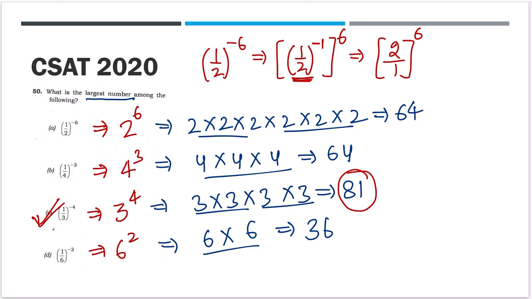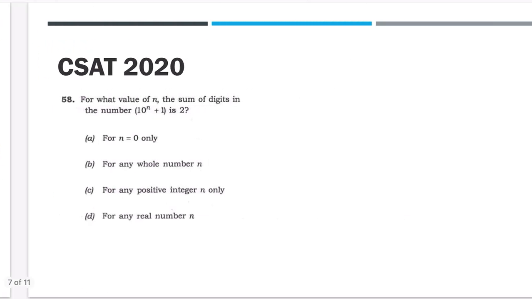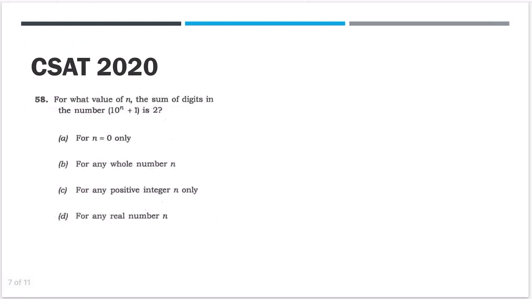The largest number. Now let's do some PYQs from the last topics which we have done in the last videos. Okay. So this is one of the questions. It says, for what value of n is the sum of the digits of this number 2. So they've given you such a number in this form, 10 raised to power n plus 1, right?